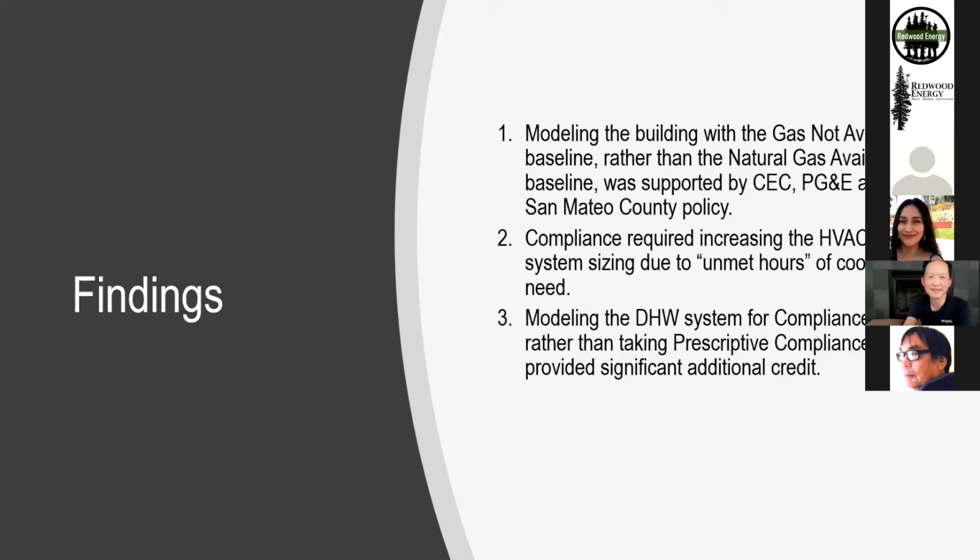Also, compliance required increasing the HVAC system size due to unmet load hours, and modeling the domestic hot water system for compliance rather than taking the prescriptive compliance path. Again, EnergyPro version 8.2.2.0 has features to model a central domestic hot water system.